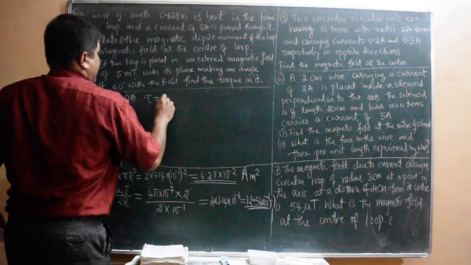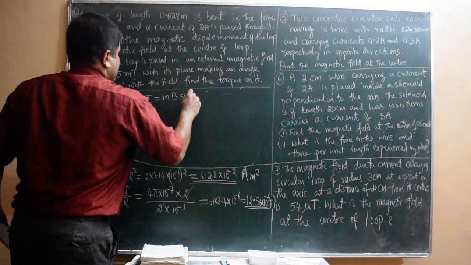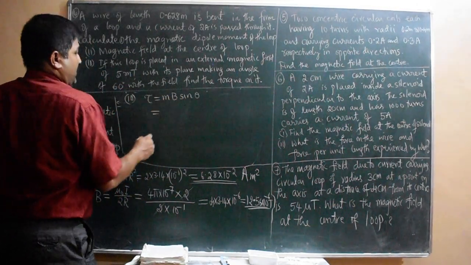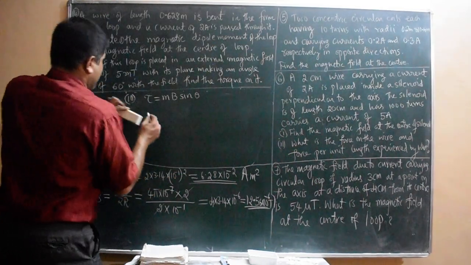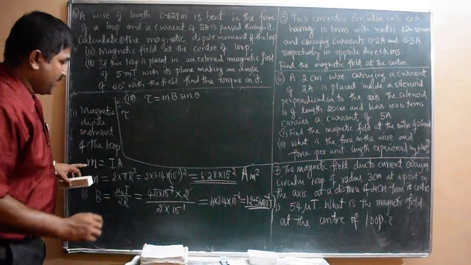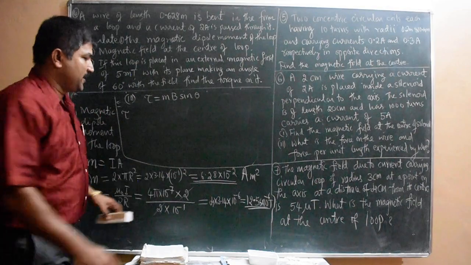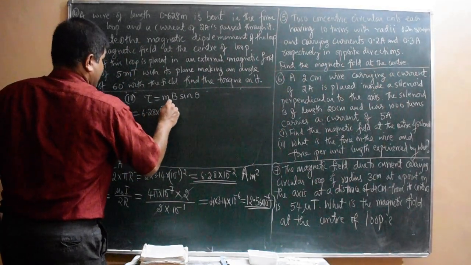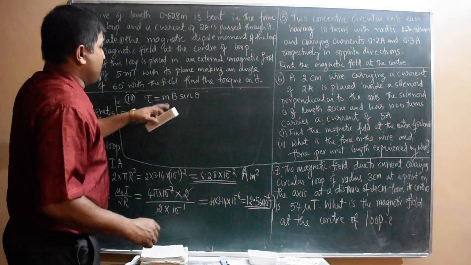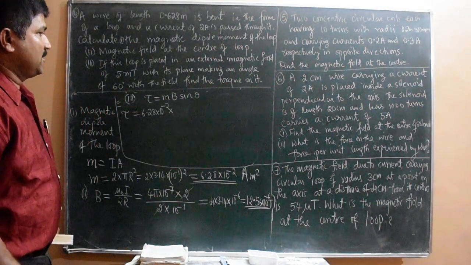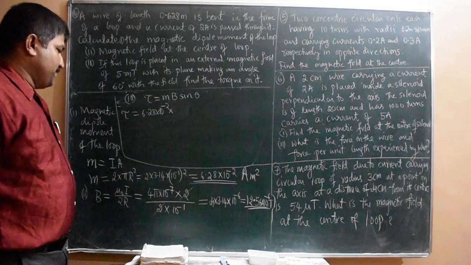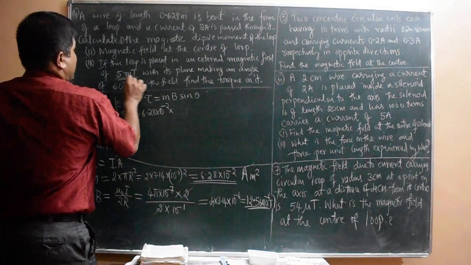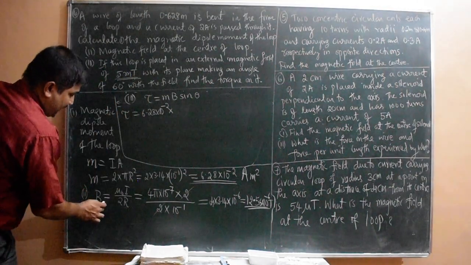So torque formula is mB sin theta. That's it. Value of m, substitute. M we found here already. M value 6.28 into 10 power minus 2 into B, the magnetic field. B is the externally applied magnetic field, not the field at the center of the loop.